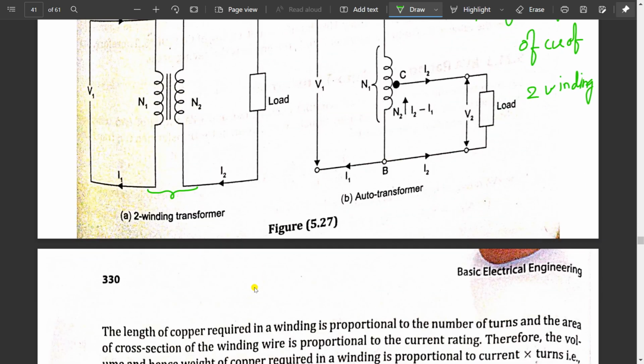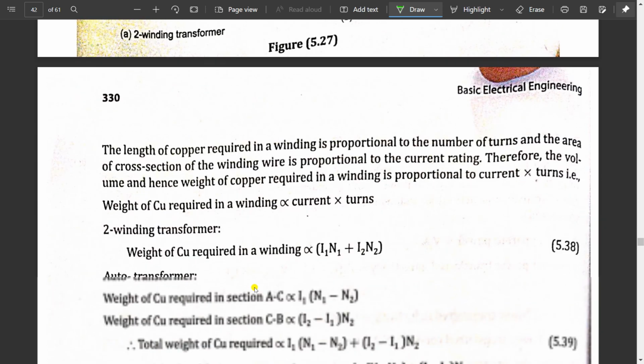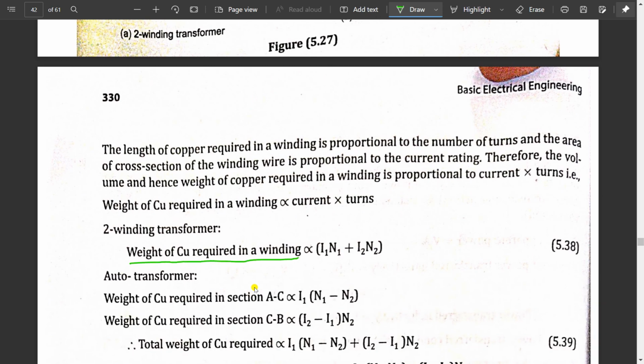First, we have to take the weight of copper required in the case of a two winding transformer, that is I1N1 plus I2N2. If you observe the diagram, the current I1 flows with N1 turns, and in the case of the secondary winding it is N2 turns, and the current is I2.